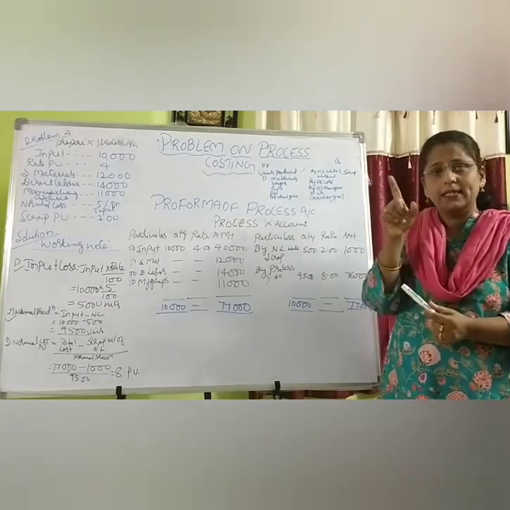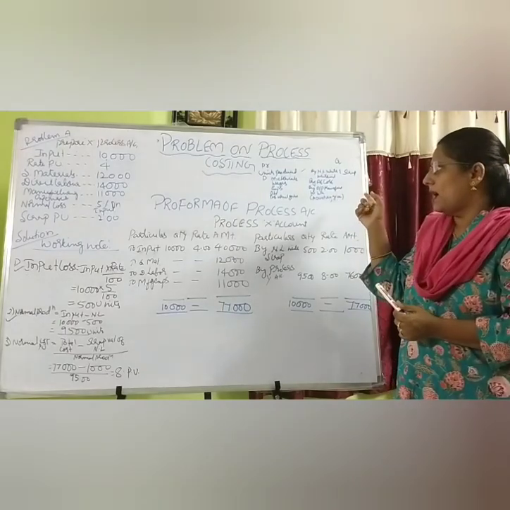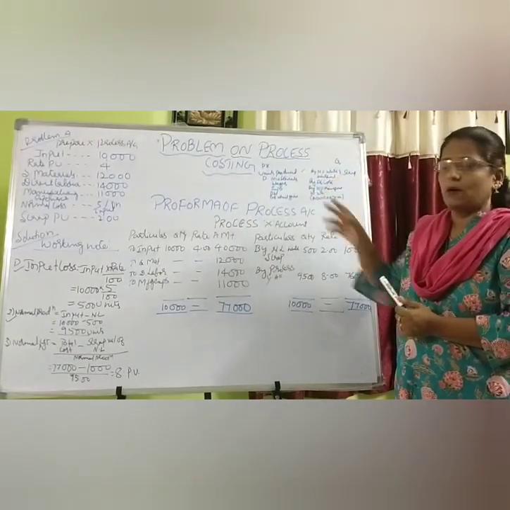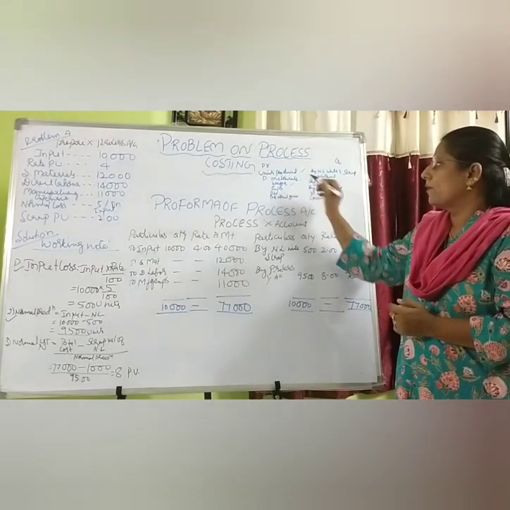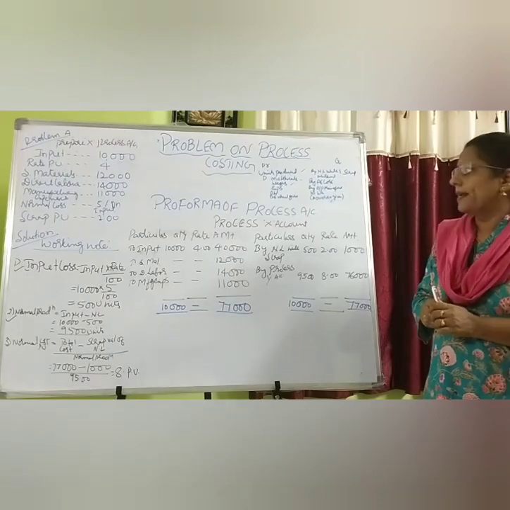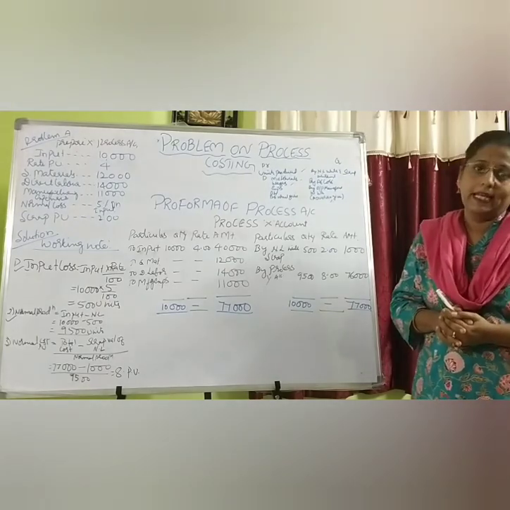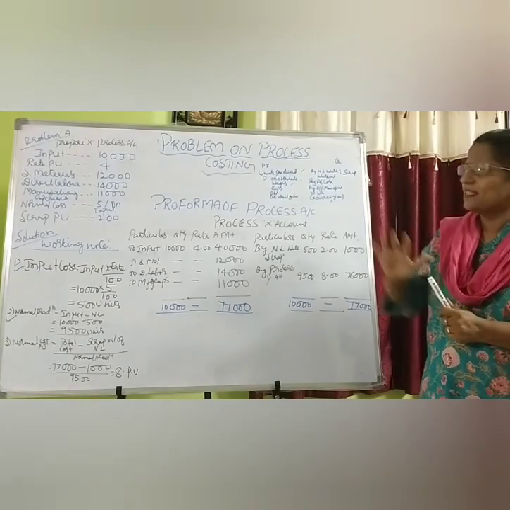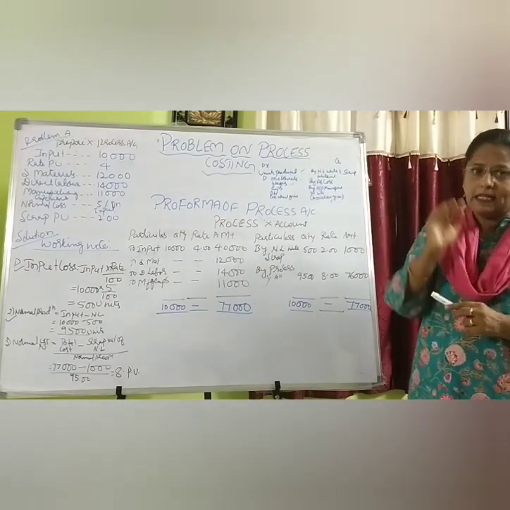Then we have to take the direct materials in the amount column, then the wages in the amount column, then the direct expenses, overheads and abnormal gain. The important thing we have to take at the debit side is abnormal gain. These are the few items you have to take at the debit side.